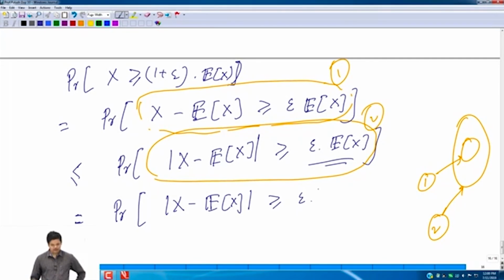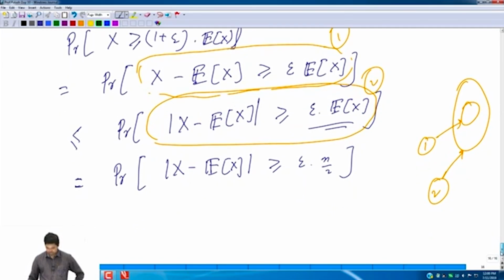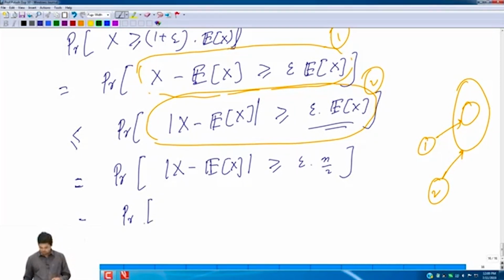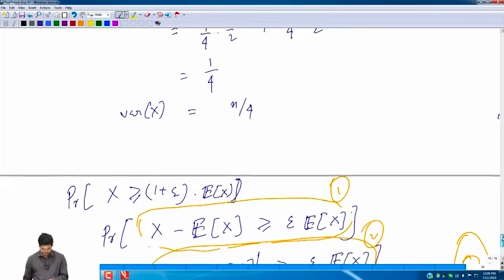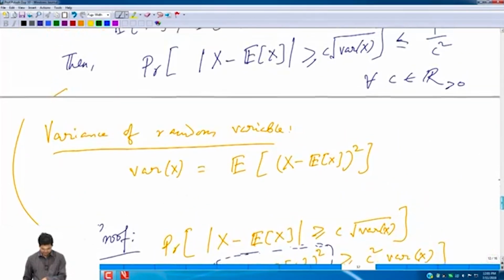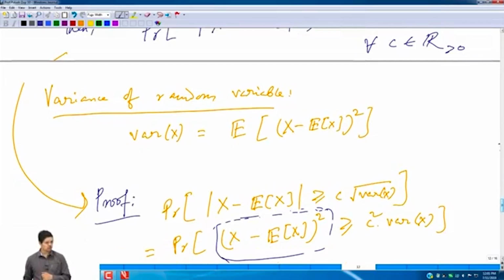Let's put the value of expectation of x. It was n by 2. And we need to write in terms of square root of variance. Square root of variance was n by 4, and we need to write in terms of square root of variance.